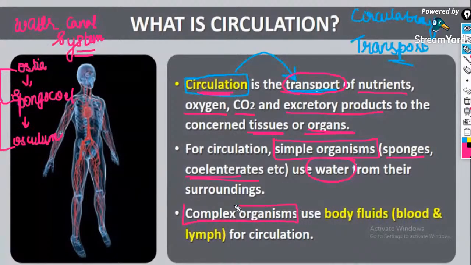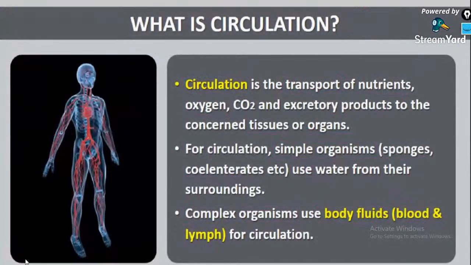In complex organisms, we use body fluids. In the chapter Structural Organisation in Animals, you studied fluid connective tissue, blood and lymph. So circulation is the transport of nutrients such as oxygen, carbon dioxide, and excretory products from one part of the body to another.